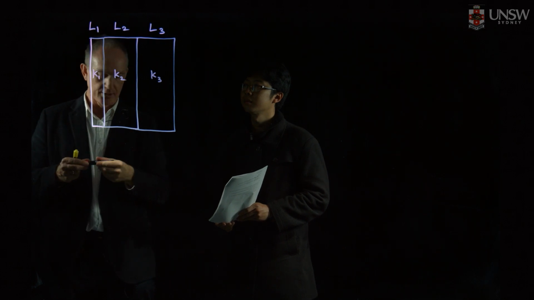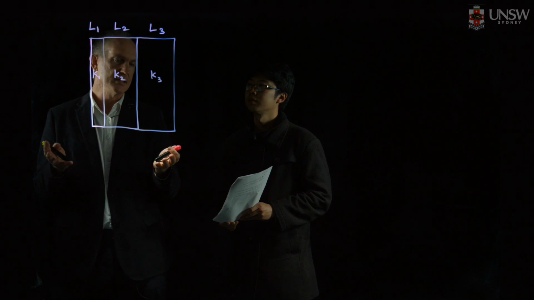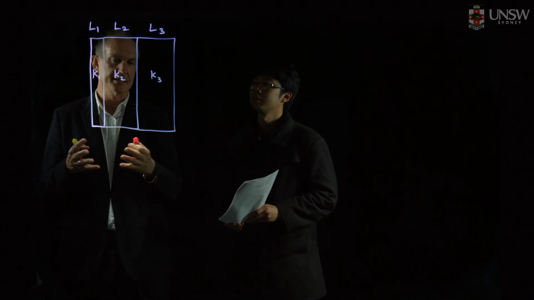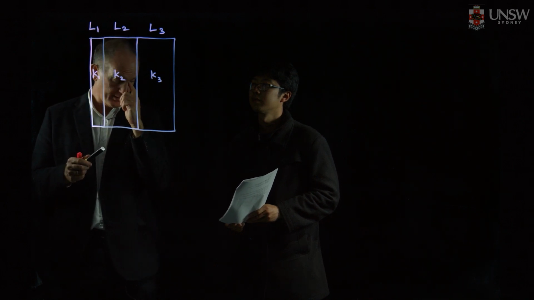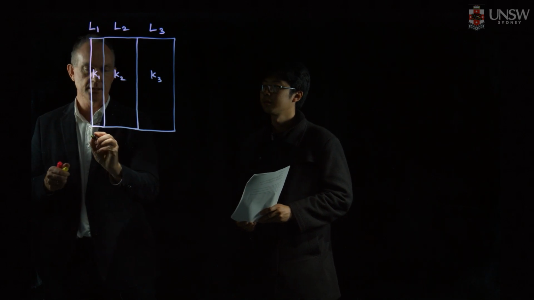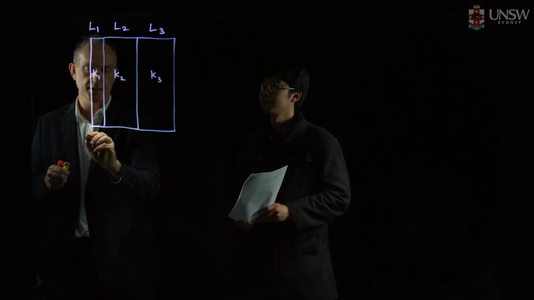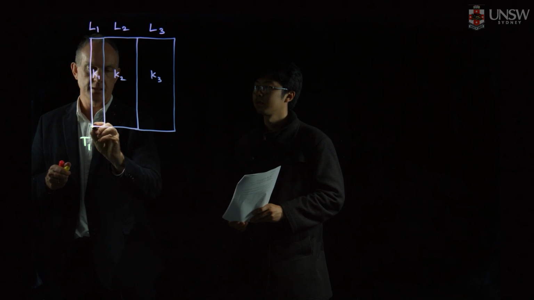Now, when we're dealing with materials like this, we've got, in this case, 3 materials connected together in series. We'll talk about that in a minute. But the important point is we want to know the temperatures right at that interface there.